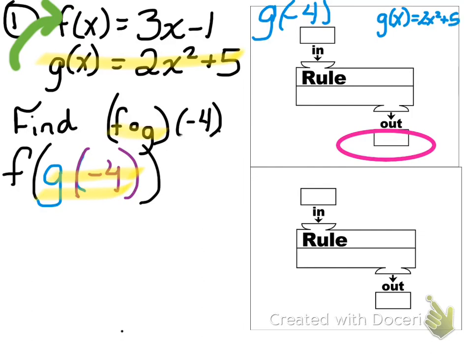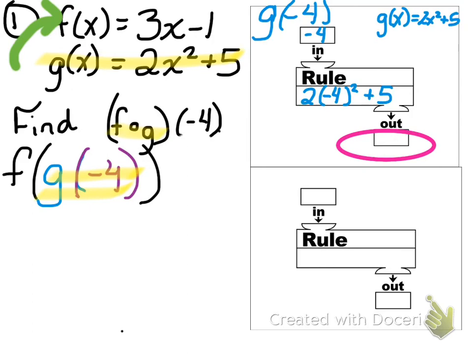So our rule is 2 times what we're plugging in squared plus 5, and what we're plugging in is -4. So 2 times -4 squared plus 5.